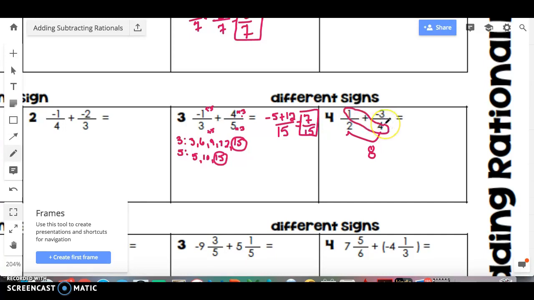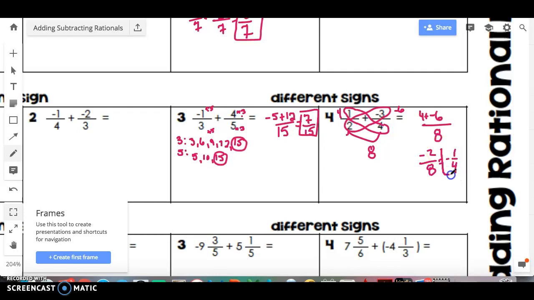So 4 times 1 is 4. 2 times the opposite of 3 is the opposite of 6. So what I'm left with is 4 plus the opposite of 6 over 8, which is the opposite of 2 over 8. Simplify is the opposite of 1/4.